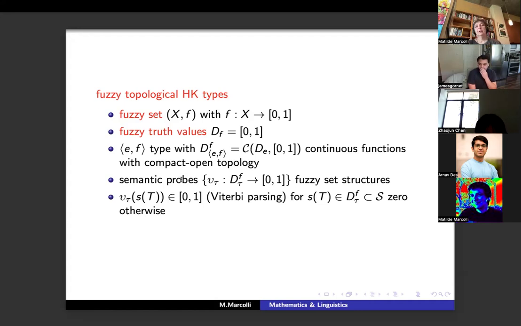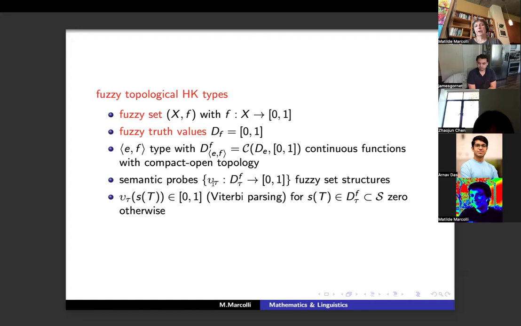And you can similarly do this kind of semantic probes. In the example I gave before, I was using a choice of compact sets as semantic probes, which meant a choice of characteristic functions of compact sets. Here, instead of characteristic functions of compact sets, we have continuous functions to the interval 0, 1.